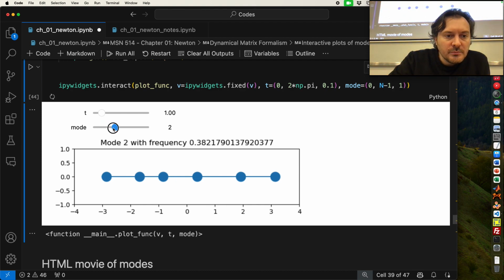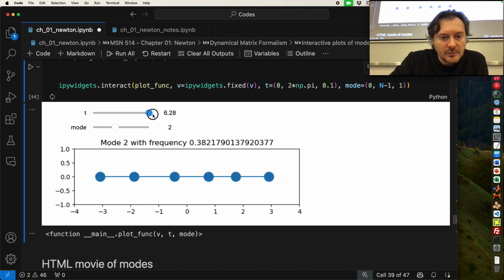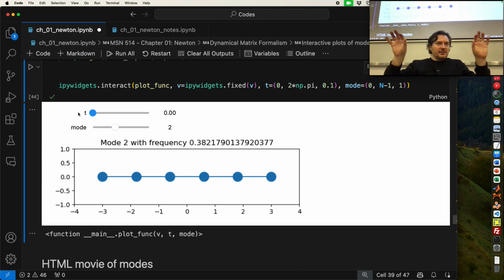Mode 2, let's move to mode 2. Still something kind of soft. So let's see what this is doing. This is looking like this. Okay? Again, the stiff ones stay together while the soft ones stretch.